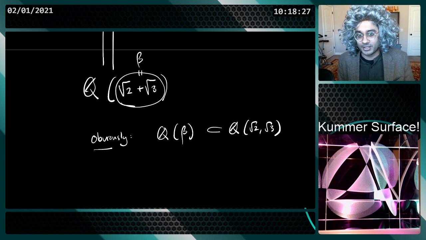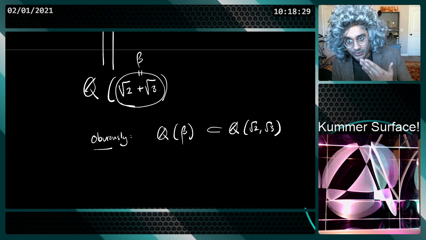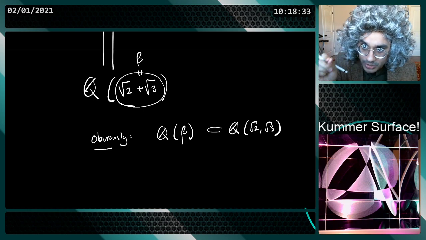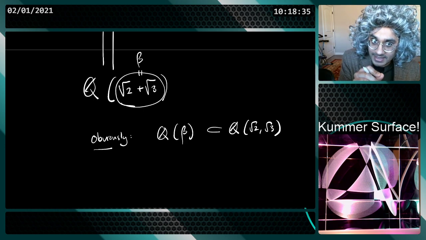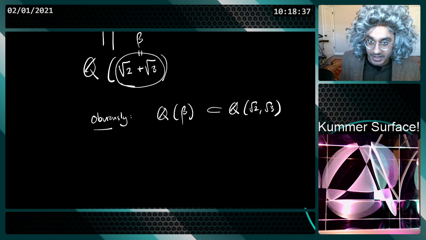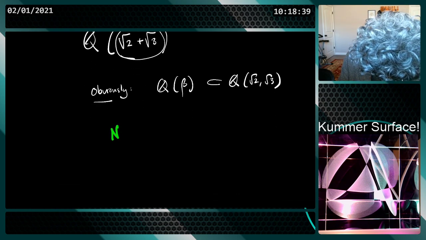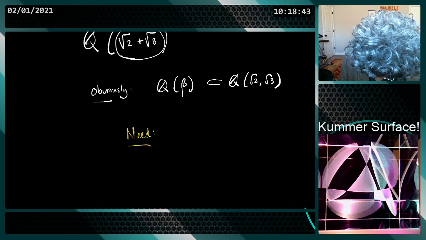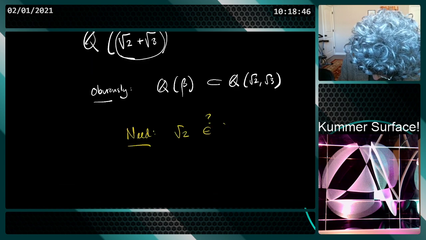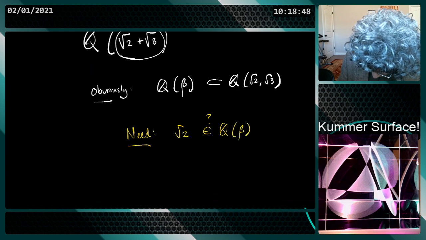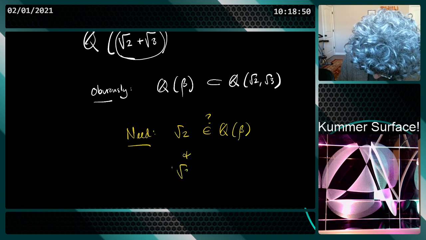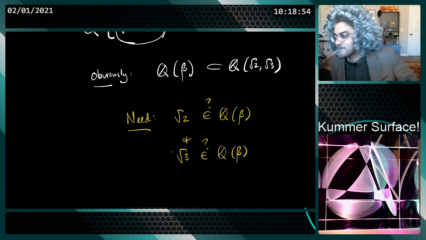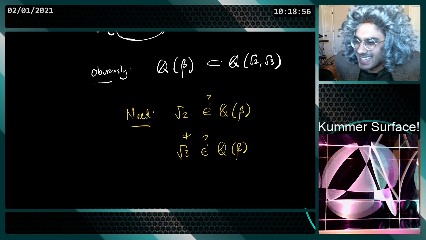So we already have this inclusion. Now you have to get the reverse inclusion. All you've got to show is that the square root of 2 and the square root of 3 are contained in Q adjoin beta. Okay?